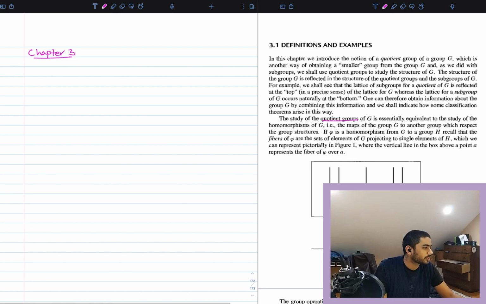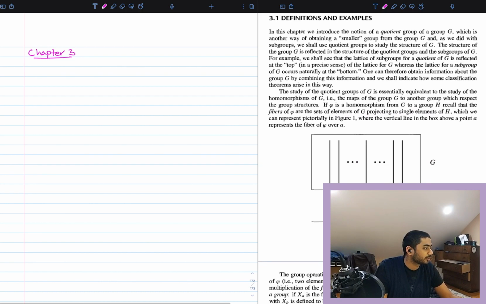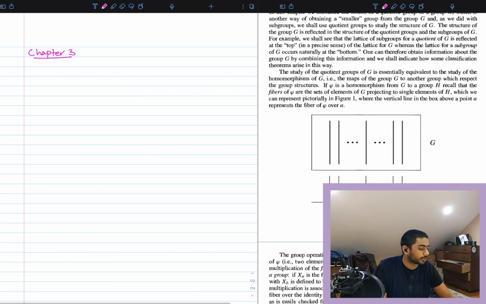The study of quotient groups is essentially equivalent to the study of homomorphisms of G. If phi is a homomorphism from a group G to a group H, recall that the fibers of phi are sets of elements of G projecting to a single element of H. You can represent this pictorially.